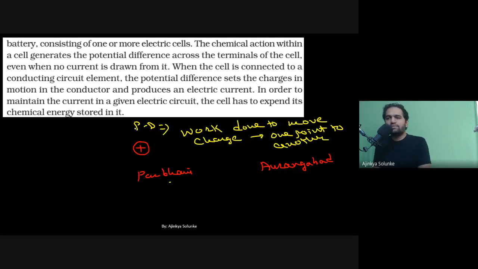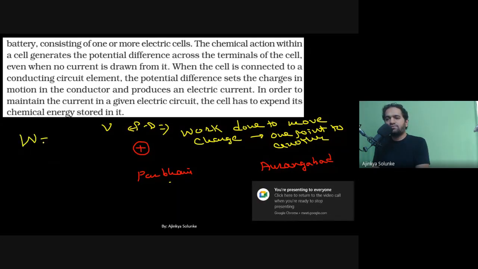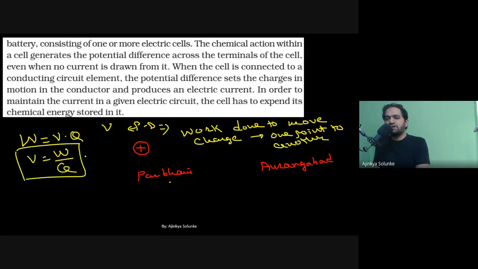How is it denoted? It is denoted by the letter V. In formula, we can put it like this: W is equal to V into Q, that means V is equal to W by Q. W is the work done to move a charge, and the charge is represented by Q, the electric charge.